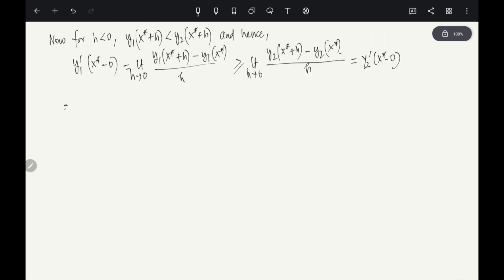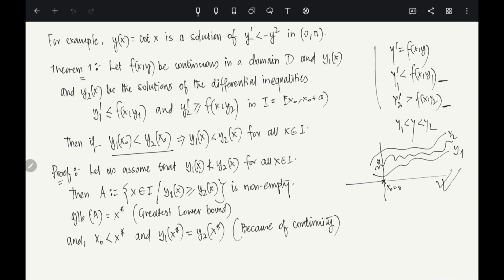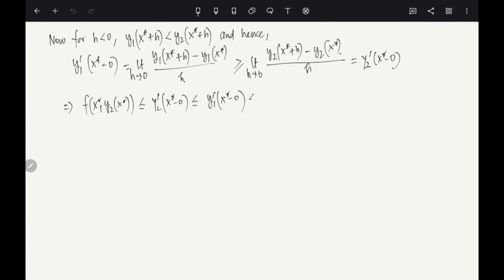So basically what does that mean? f of x star, y2 of x star gets dominated by y2 prime of x star minus 0, and that is again dominated by y1 prime of x star minus 0, and y1 prime is dominated by f of x, y1. So this is less than or equal to f of x star, y1 of x star, right?